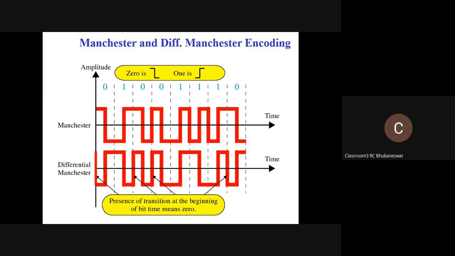If I am transferring audio signals, I have to convert them into digital and then transfer the digital signal. Then we use Manchester and differential Manchester, in real life in computers.